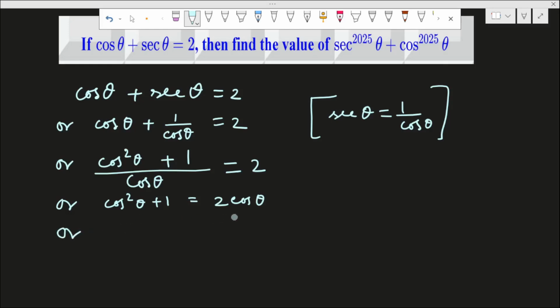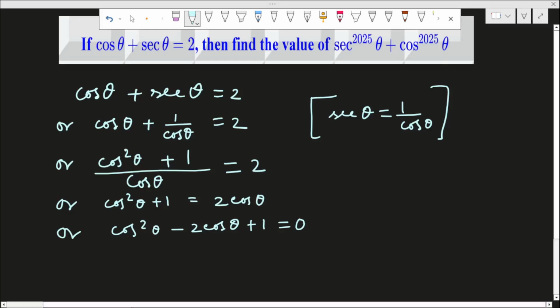Now transpose the term on the right hand side to the left and rearrange. That means cos square theta minus 2 cos theta plus 1 is equal to 0. Obviously the last equation is a quadratic equation in cos theta.